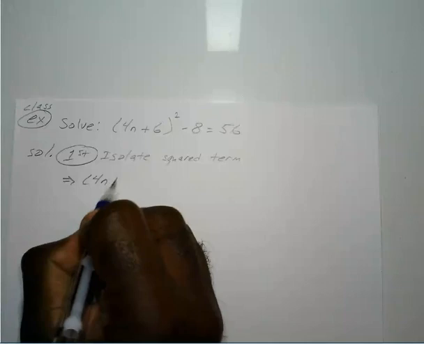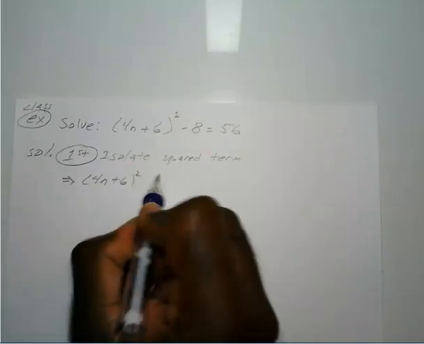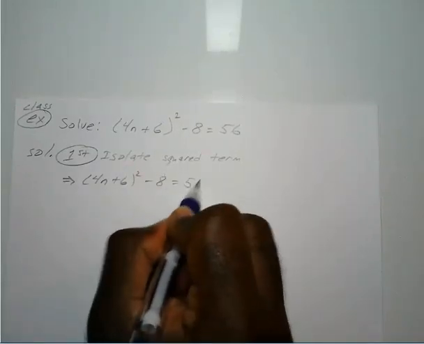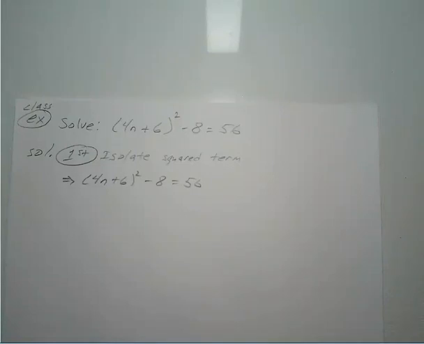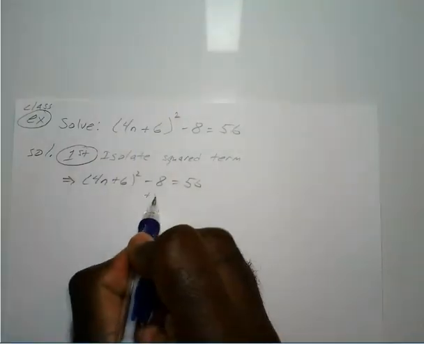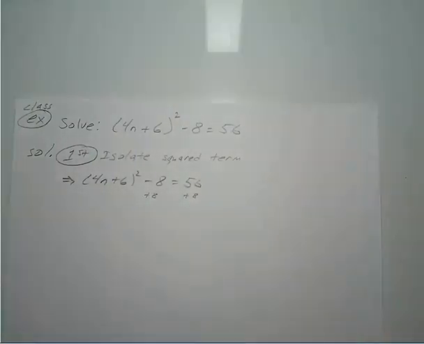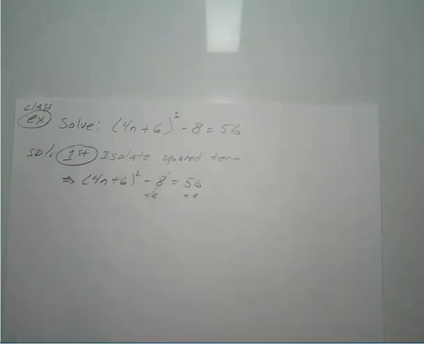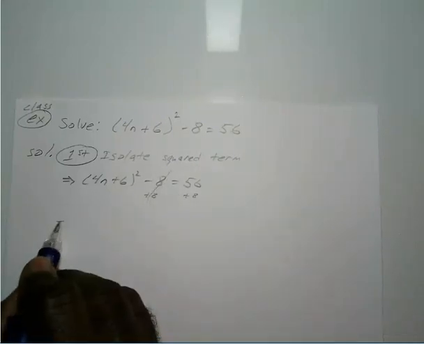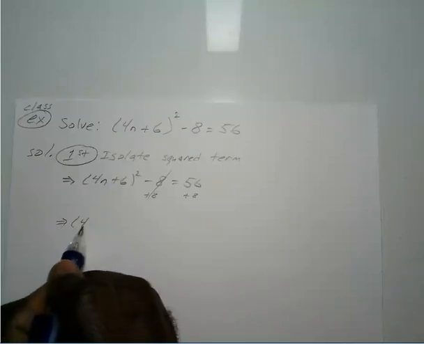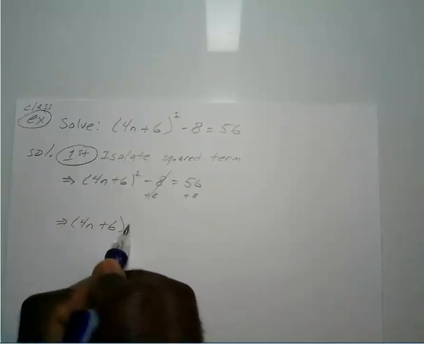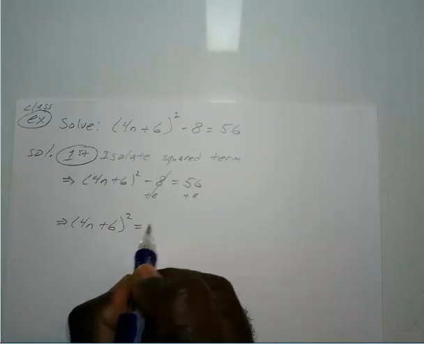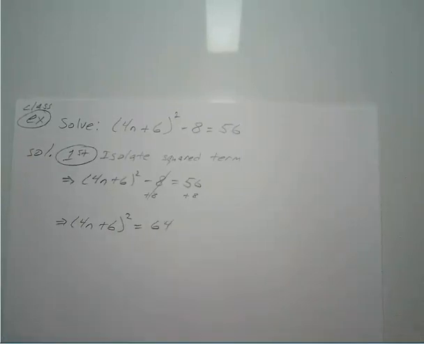Okay, you have 4n plus 6 squared minus 8 equals 56. You just go ahead and add 8 to both sides, where these two cancel out. So that gives us 4n plus 6 squared equals 64.